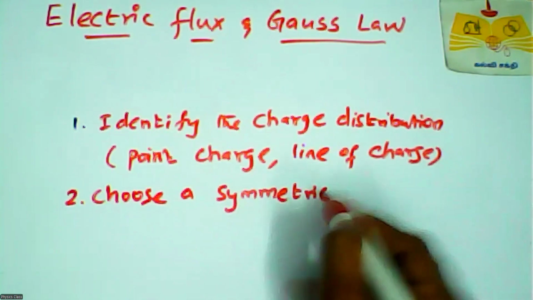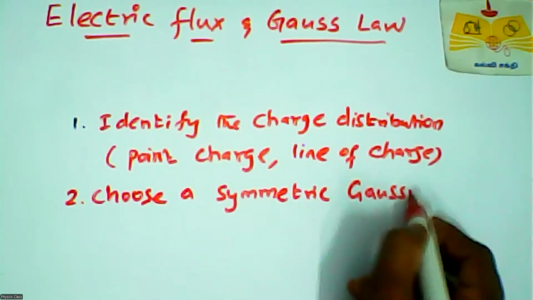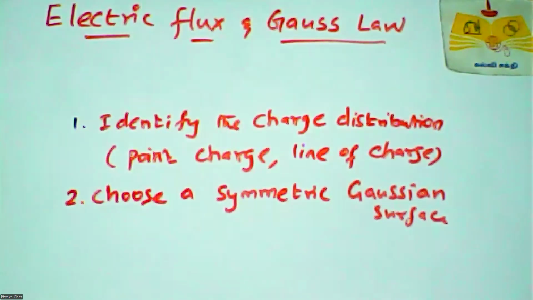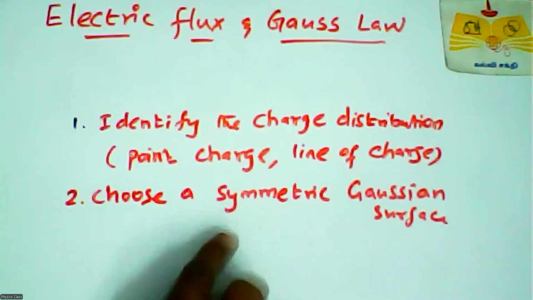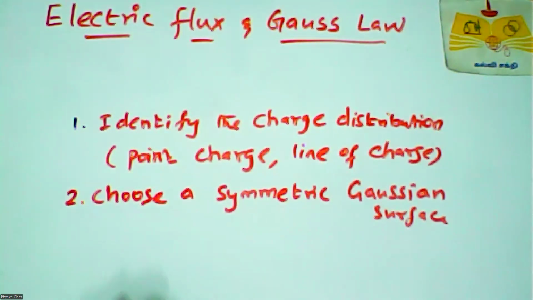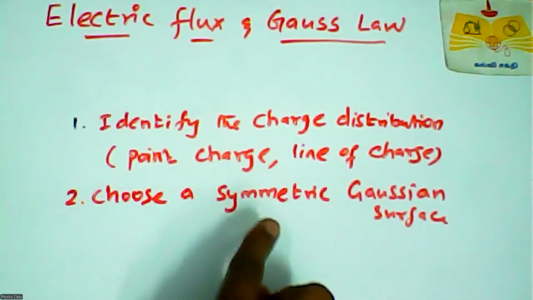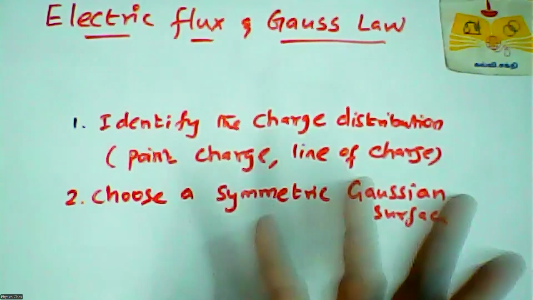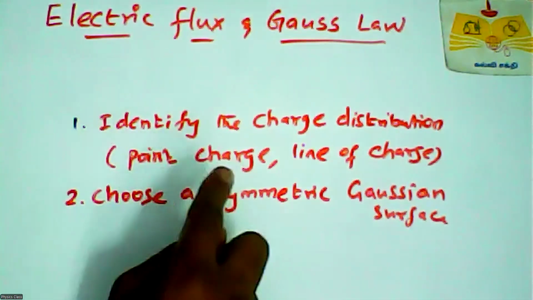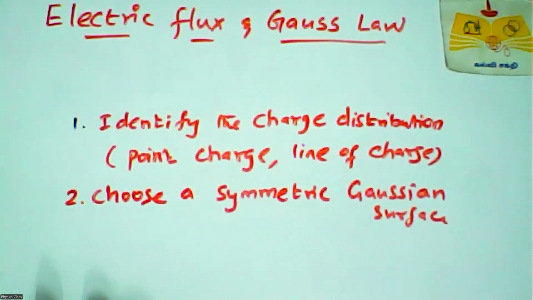Okay. What is the use of choosing a symmetric Gaussian surface? Because it simplifies our calculation to find the electric field. This step is very crucial in our Gauss law method because it simplifies the calculation.